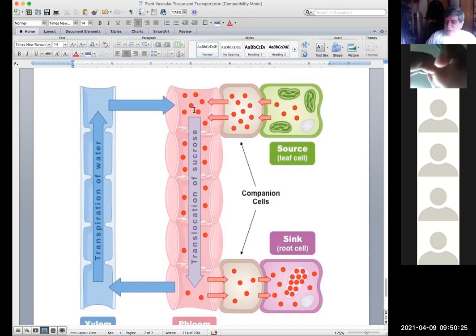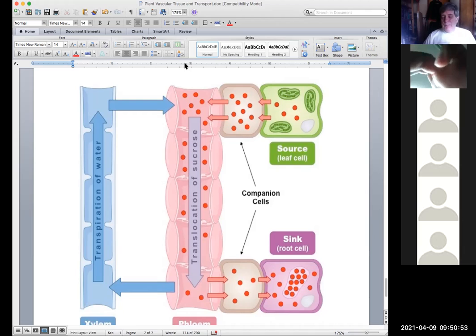And this forces the material in the phloem down, in this case, to a sink. The sink is a root cell. And in this area, the companion cell is removing sucrose from the phloem, and then it's being transported into the sink cell. So up here in the leaf, we're putting sucrose in, water follows passively by osmosis.